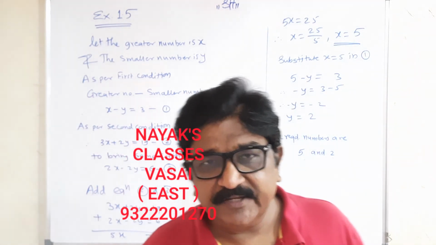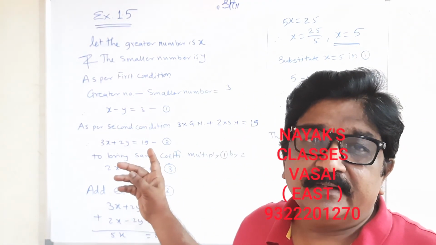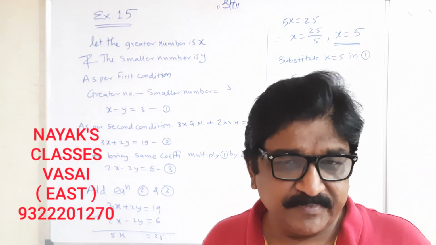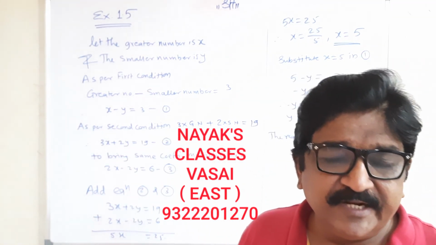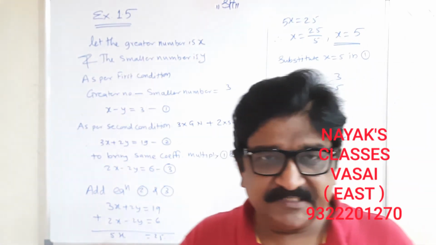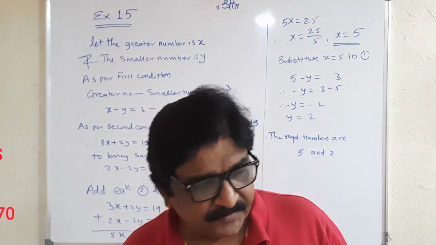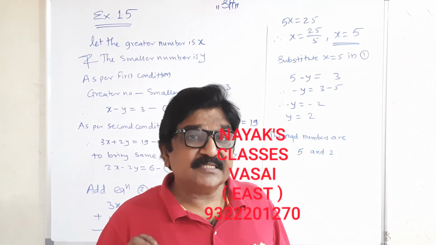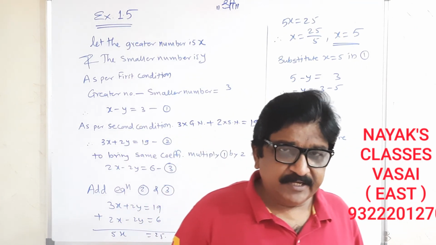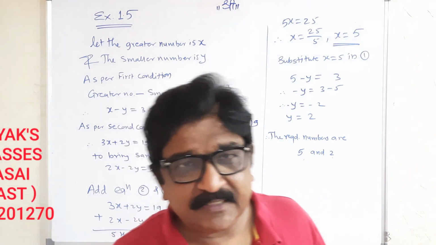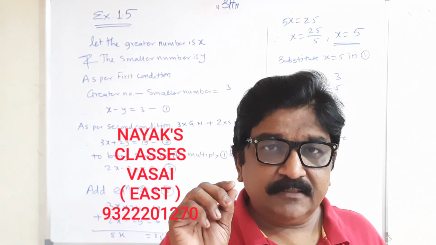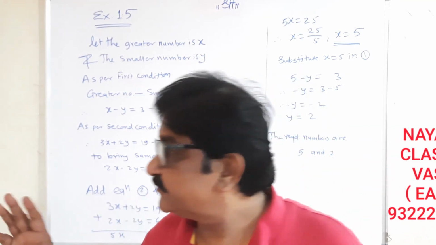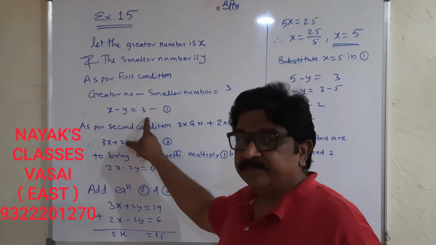So we are starting with exercise number 1.5, first example. What they have said: there are two numbers, one is greater, one is smaller. First condition they have put: if we subtract the smaller number from the greater number, we will get 3.